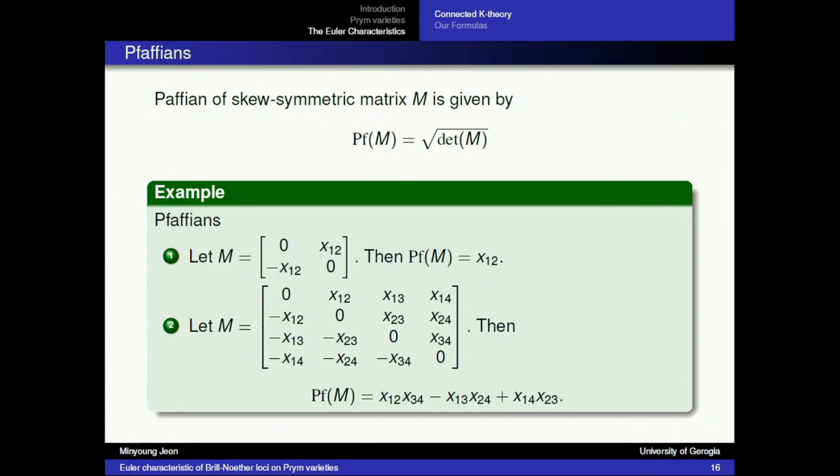So for example, if you have a skew symmetric matrix 0, x1, negative x1, 0, then the determinant of this matrix is just x1 squared. So if you take the square root of it, then you get this Pfaffian. Similarly, if you have a 4x4 skew symmetric matrix like this, then the Pfaffian of this skew symmetric matrix is given by this formula.